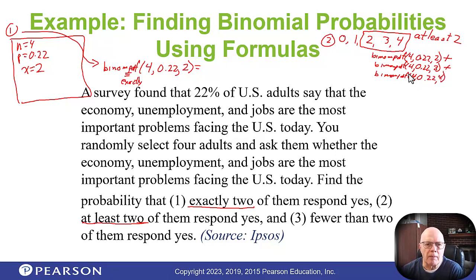Add those 3 up, and that's easy to do in your calculator. You can put them in like this actually. Put the first one in, put a plus, then go back and pick up the second one, then the third one, and that'll give you your result.